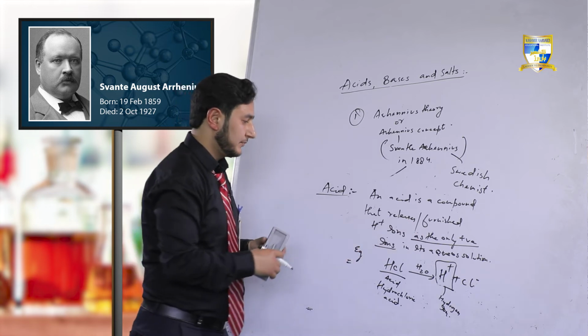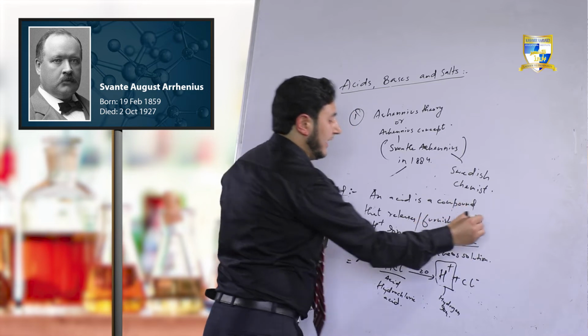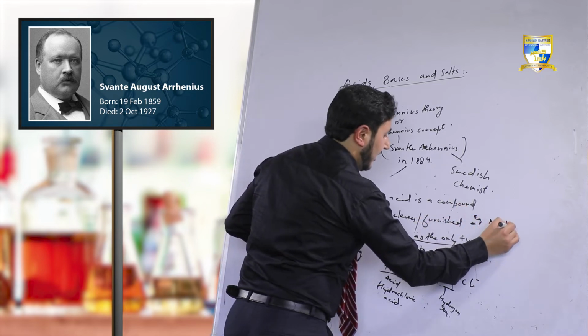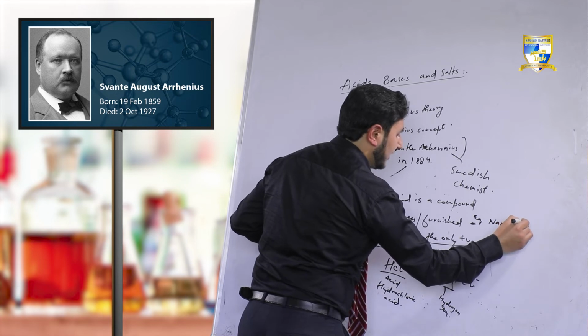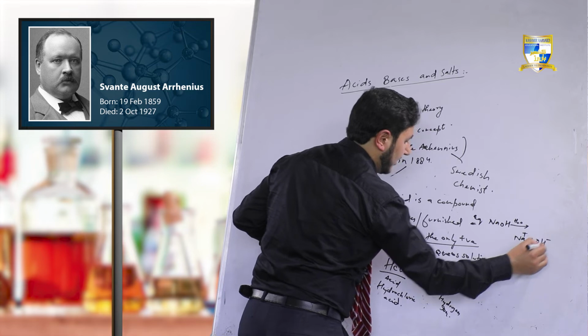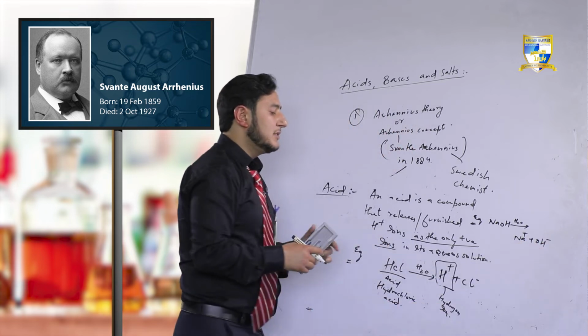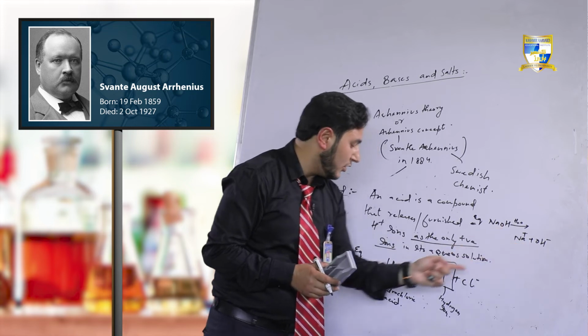What do I mean? If I have a compound, for example NaOH, and I dissociate NaOH in water, what I get is Na positive and OH negative. I got a positive ion, but the positive ion over here is Na positive. It is not H positive.